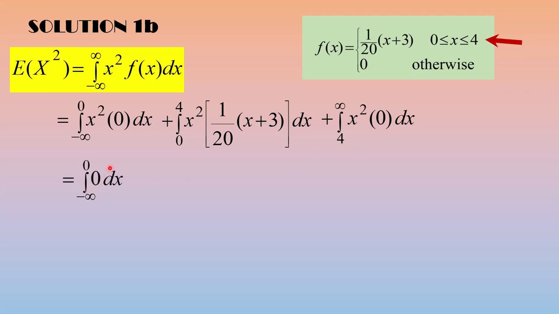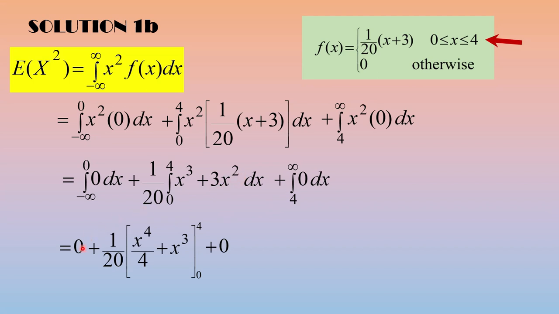Therefore, the function is 0 from negative infinity to 0, plus we simplify by bringing 1 over 20 out, and inside the integral we have x squared times x, we get x cubed, plus 3 times x squared dx, plus 0 from 4 to infinity.